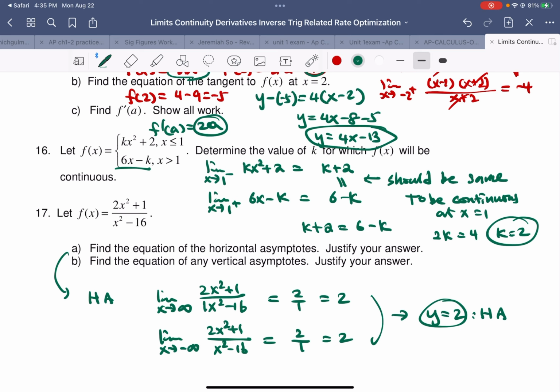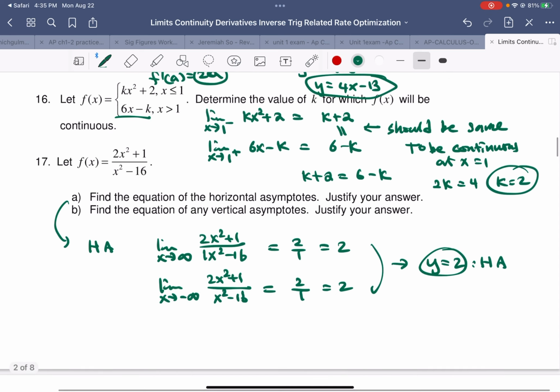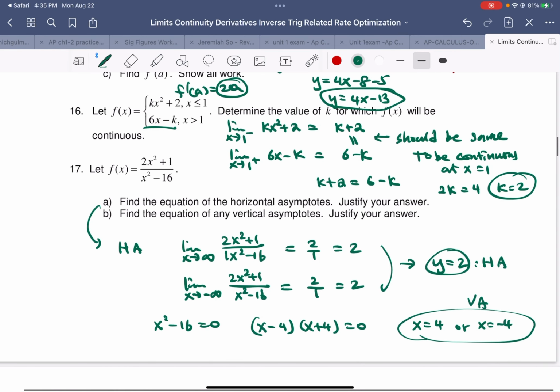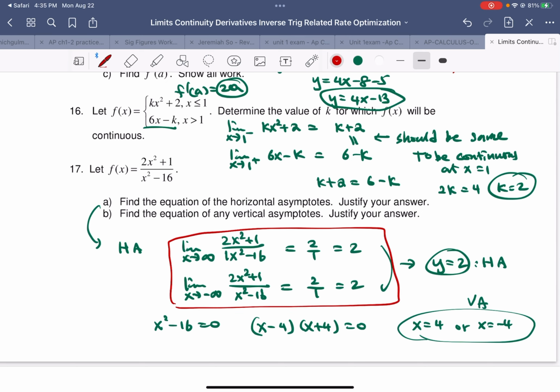Okay, y equals 2. Now part B asks: what is the equation for the vertical asymptote? For a vertical asymptote, set the denominator equal to 0. So x squared minus 16 equals 0. Factor: (x minus 4)(x plus 4). So x equals 4 or x equals negative 4. Those are the vertical asymptotes. Okay, you have two equations. How are you going to justify? The previous part was the justification of the horizontal asymptote.